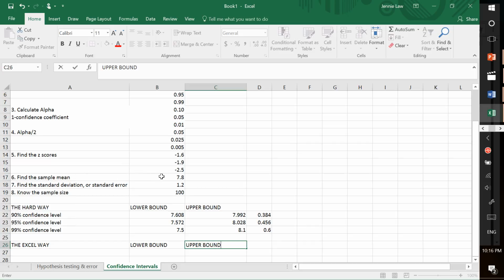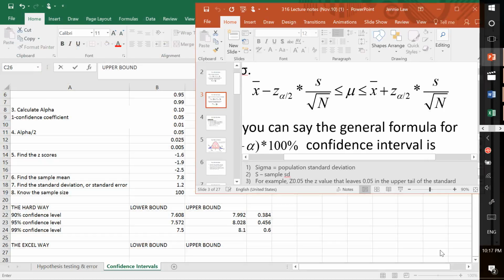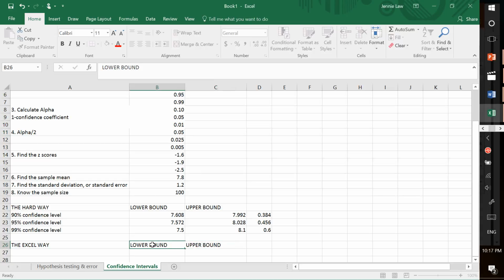We need to know what our sample mean is, and then basically what Excel is going to give us is this part, this z alpha over 2 times the standard deviation or the standard error over the square root of the population. So what we're going to be doing here is to actually use that.